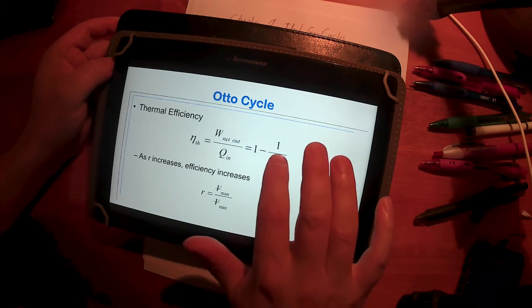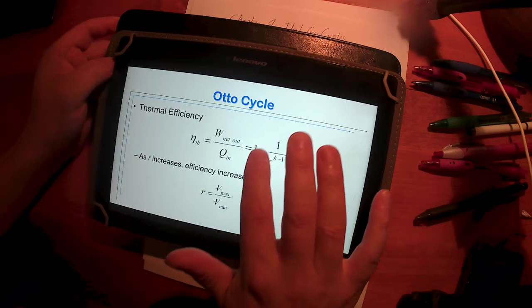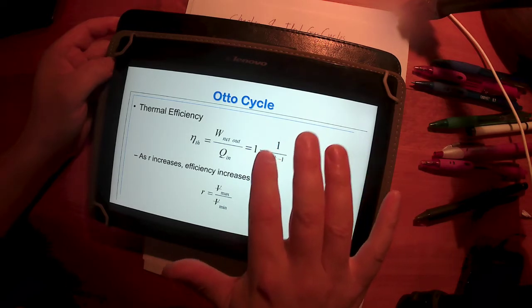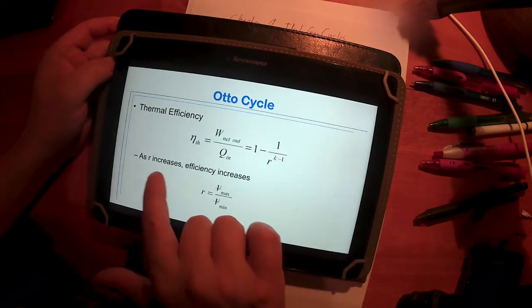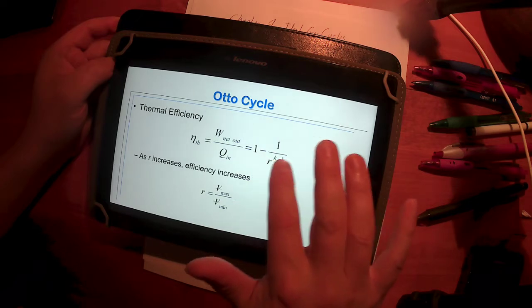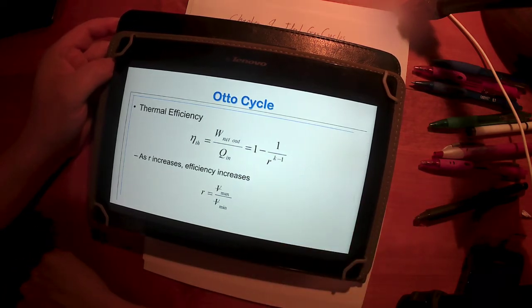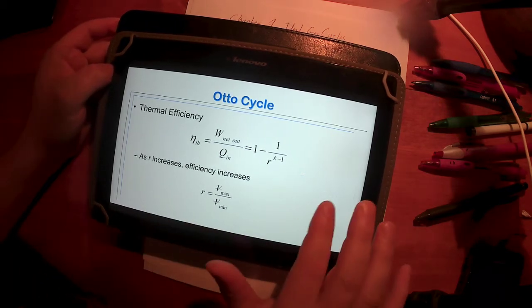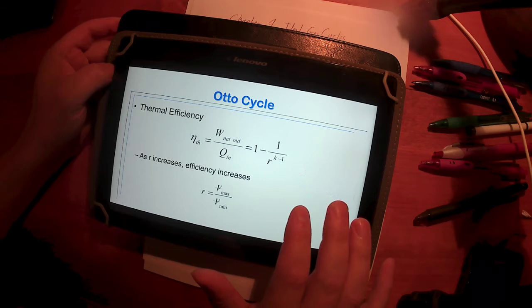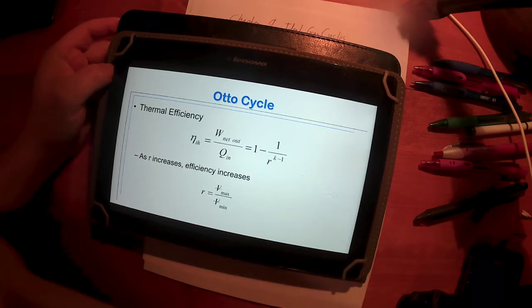So as I get a larger quantity in this denominator, this negative quantity becomes smaller. So as R increases, this negative quantity becomes smaller, and we approach 100%. So the idea is the higher the compression ratio, the more efficient this engine can become.